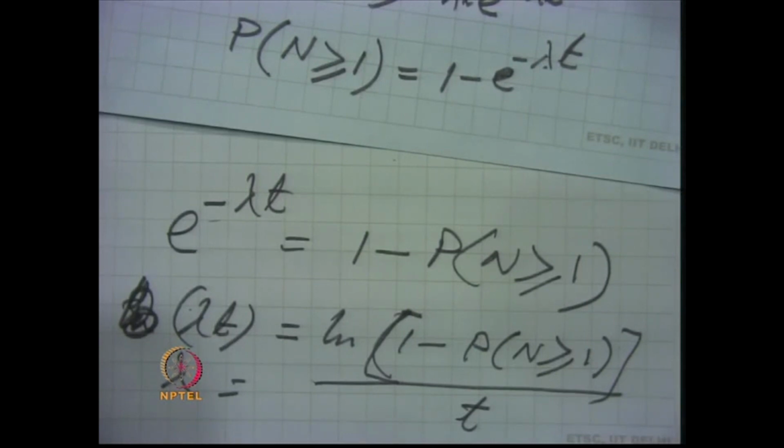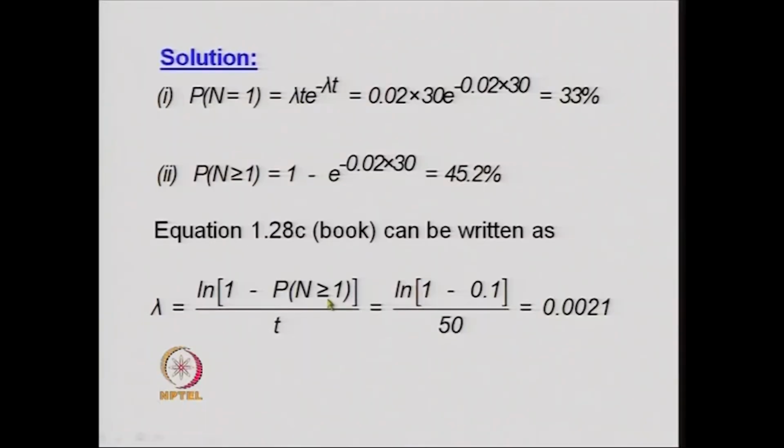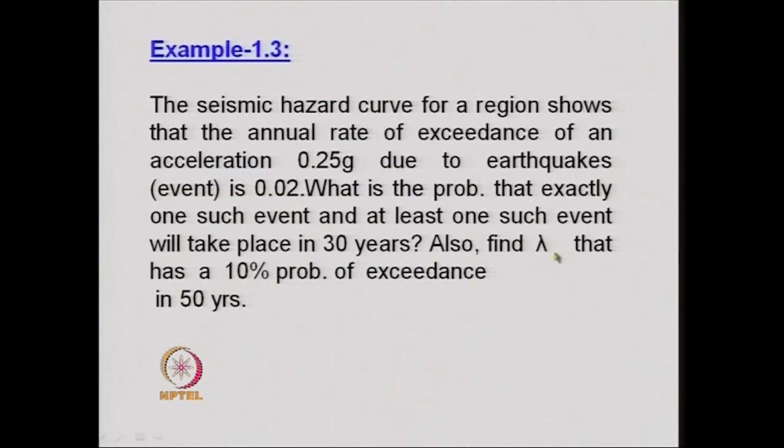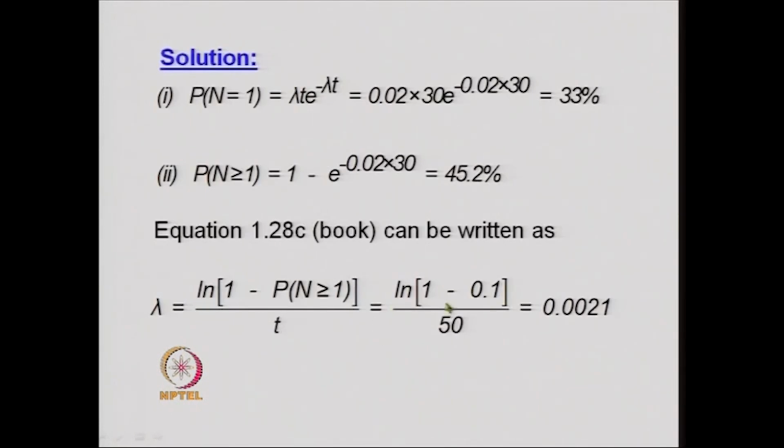The exceedance occurrence rate lambda will be equal to ln of 1 minus P(N greater than or equal to 1) divided by t, and this is given as 0.1, that is, find lambda that has a probability of exceedance of 10%. So 10% is 0.1 and time is 50 years, and the lambda is calculated as 0.0021.